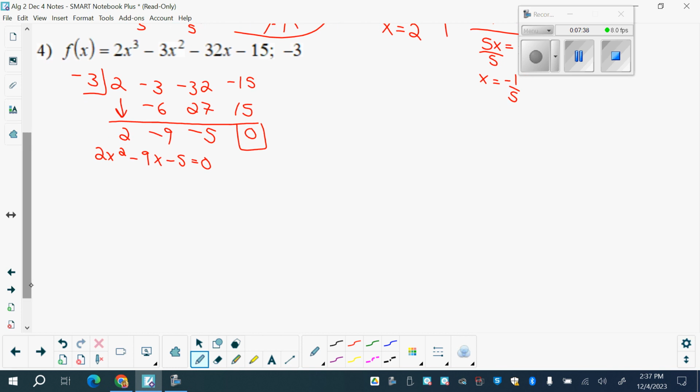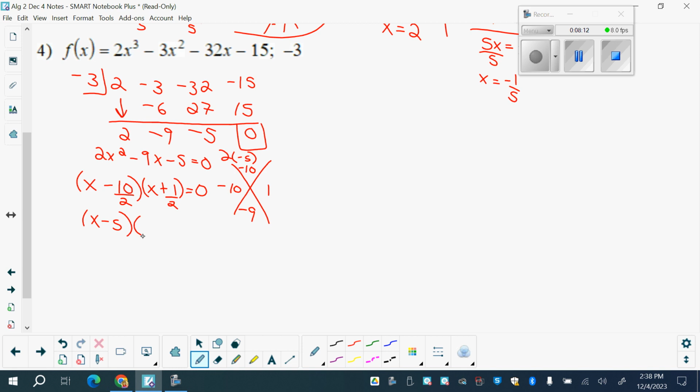And then what do we do to solve that? We're going to do our x again, multiply 2 times the negative 5. So negative 10, negative 9. Turns out it's the same thing. Negative 10 and 1. X minus 10, x plus 1. That was not meant to be the same. Divide by 2. X minus 5, 2x plus 1. And then what next?